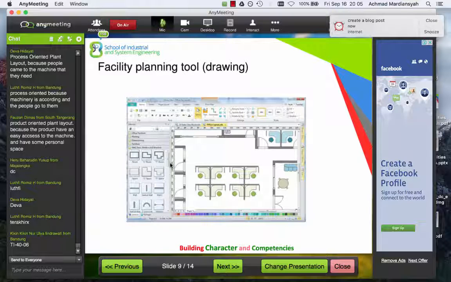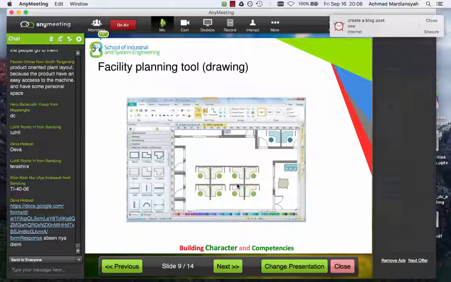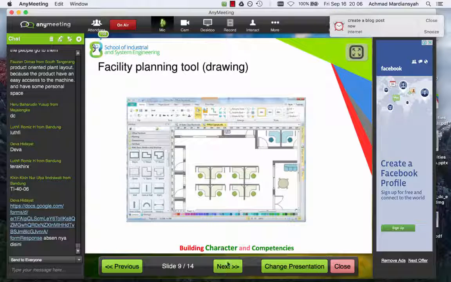So for planning, you need to have very precise measurement. Okay, because if the machine is 5 meters, it's really 5 meters in the drawing. So that software must be able to accommodate the needs.